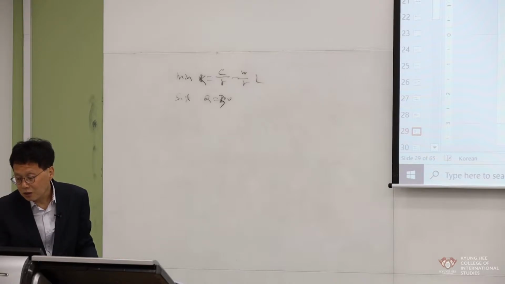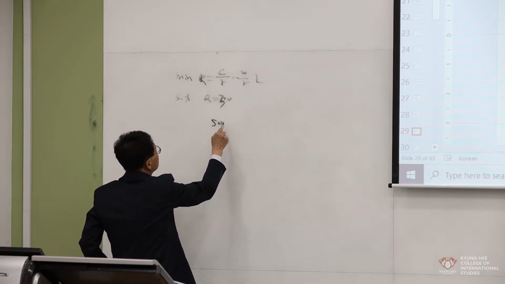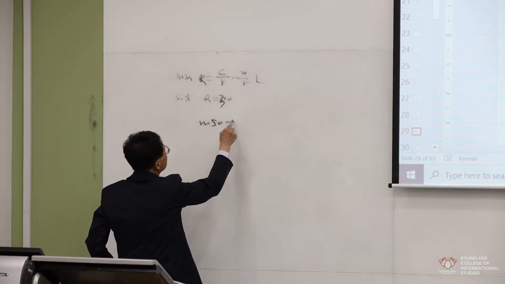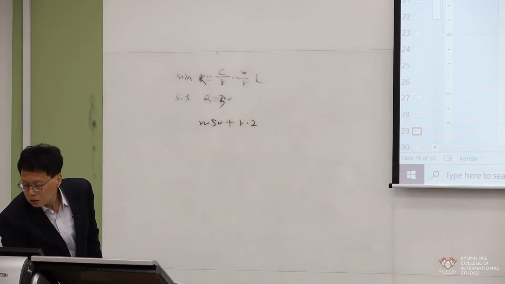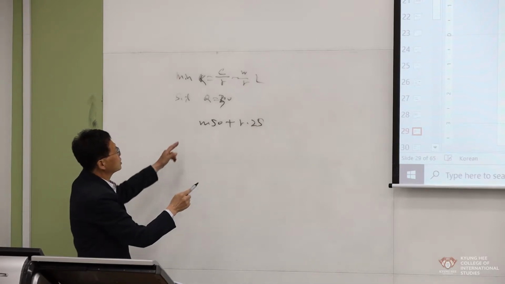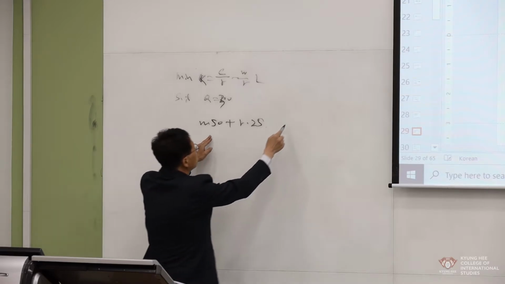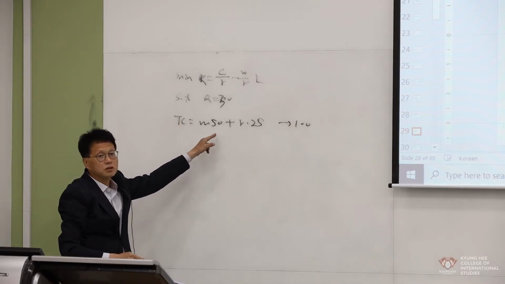When you're producing 100 pence of pizza, you hire 50 labor plus 25 capital stock. That is the minimized cost for 100 pence of pizza.